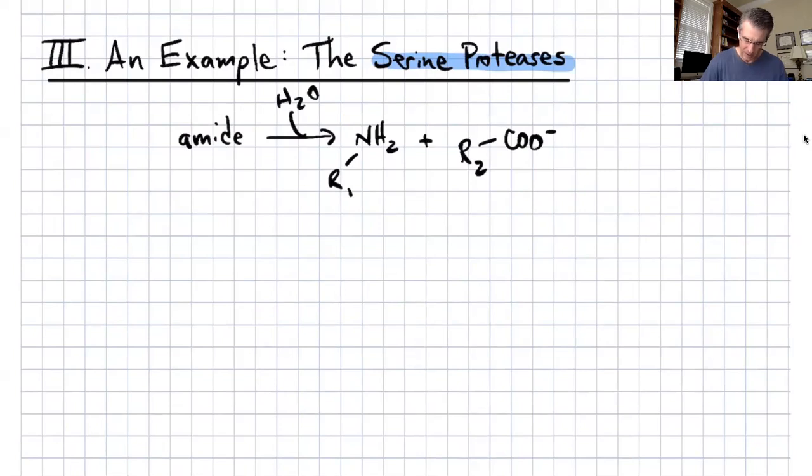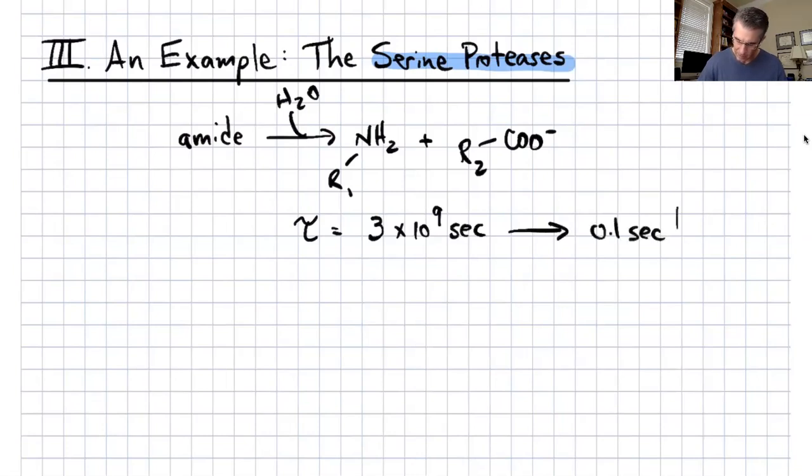It can take something that's got a time constant in the range of about 3 times 10 to the 9th seconds, and it can make this reaction go in about 100 milliseconds, right? That's phenomenal, right? Ten orders of magnitude of acceleration. That's huge, right? Okay, so the question is, how does this work?